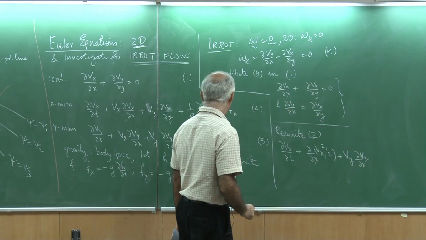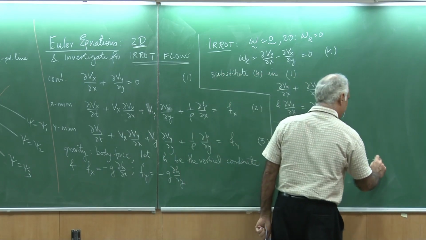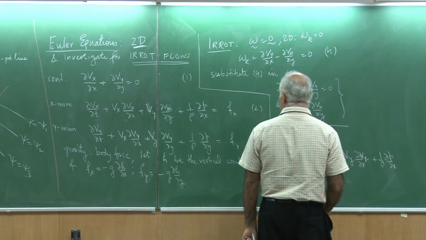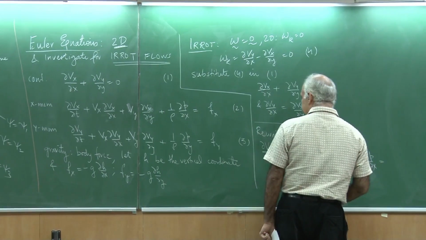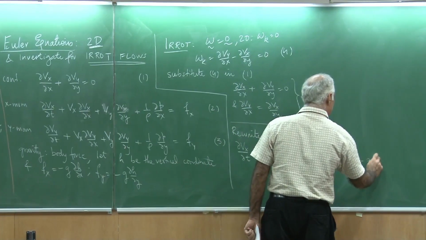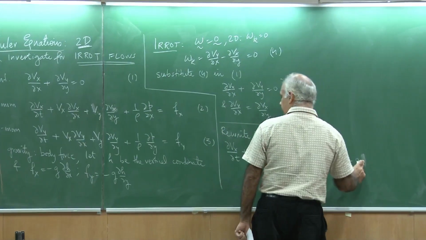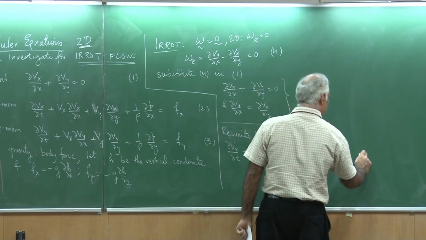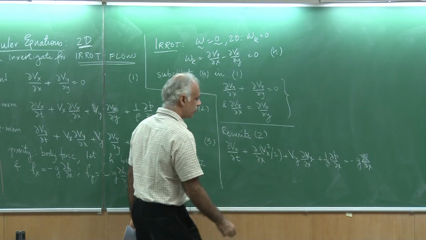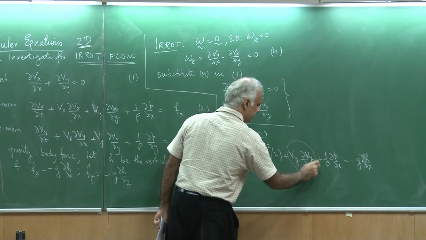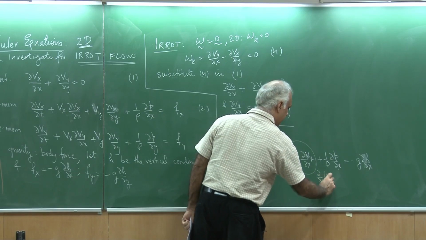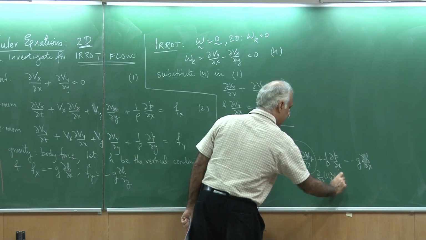okay. And then I have 1 by rho del p by del x, and for Fx I will substitute minus g del h by del x. So, notice this term I can rewrite as del by del x of Vy square by 2.